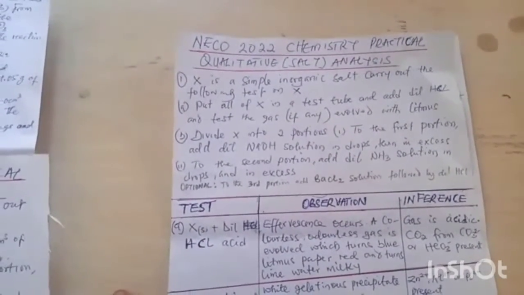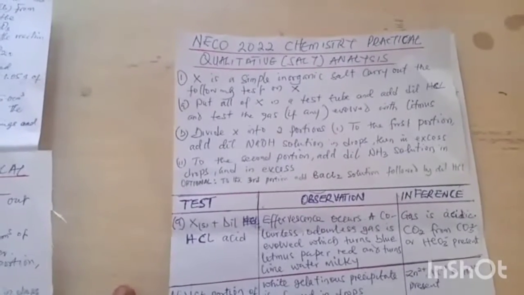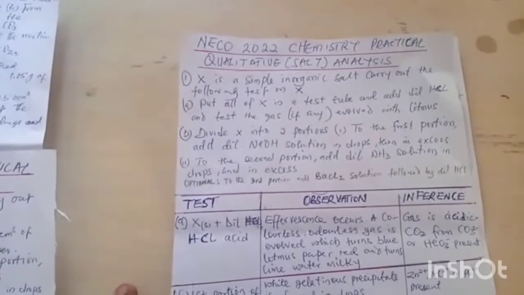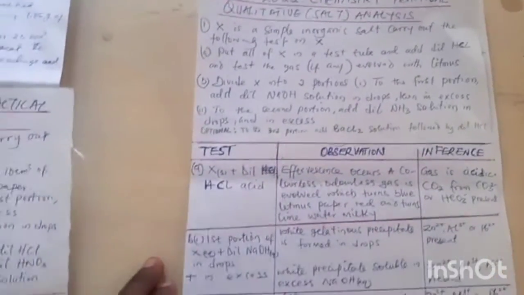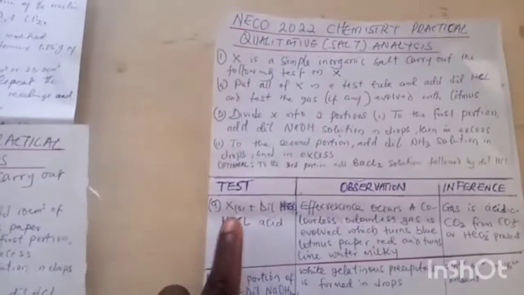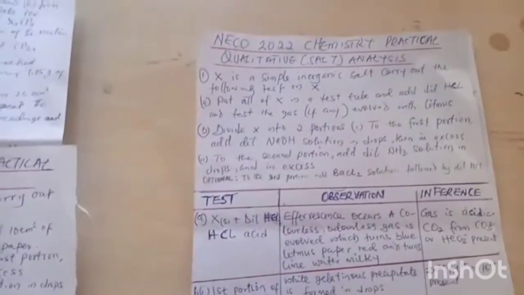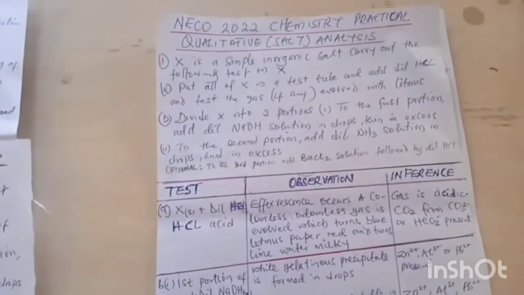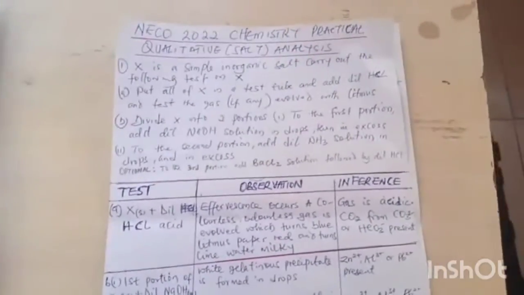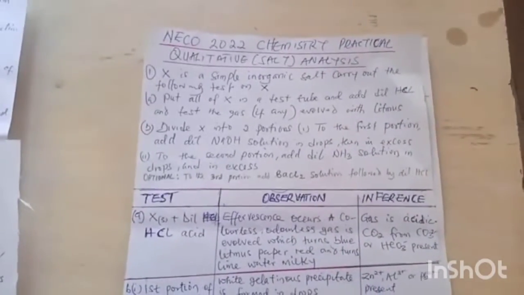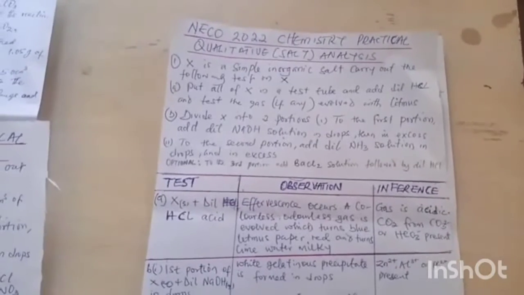put all of X in a test tube and add dilute HCl and test the gas evolved, if any, with litmus. So I come to my observation table. I say X solid plus dilute hydrochloric acid, and when you add dilute hydrochloric acid to salt X, the observation is that effervescence occurs.